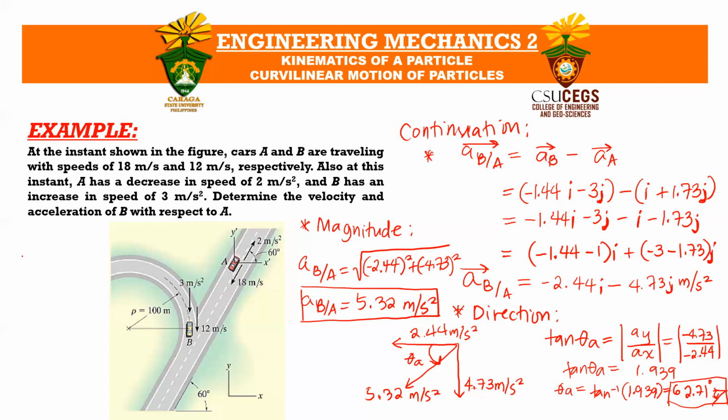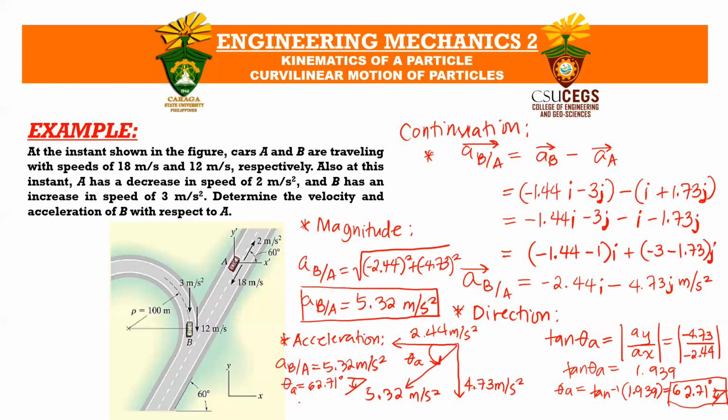So again, for the acceleration, the magnitude is 5.32 meters per second squared, and its direction, denoted with the angle theta A, is equal to 62.71 degrees counterclockwise.